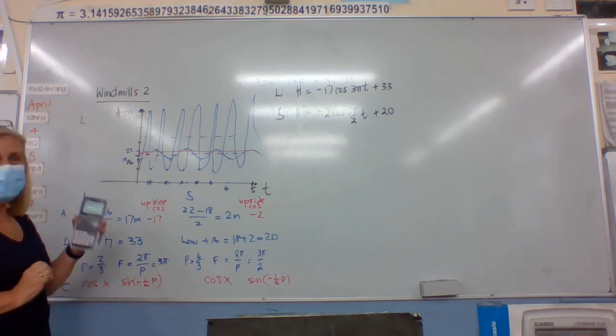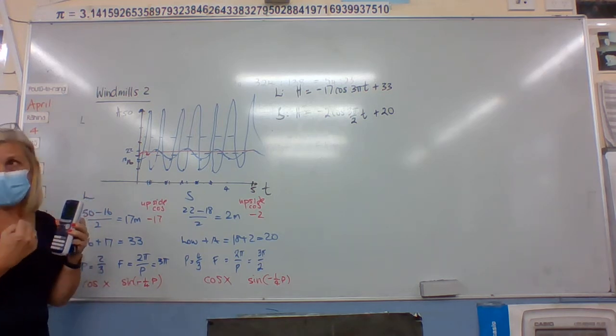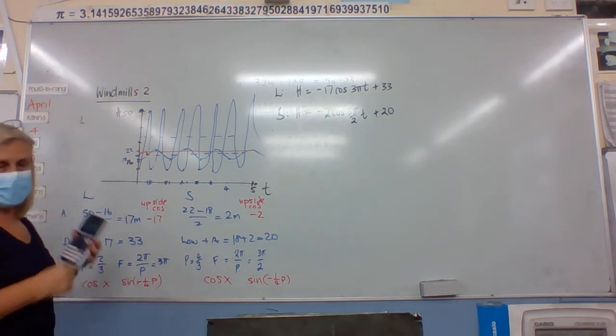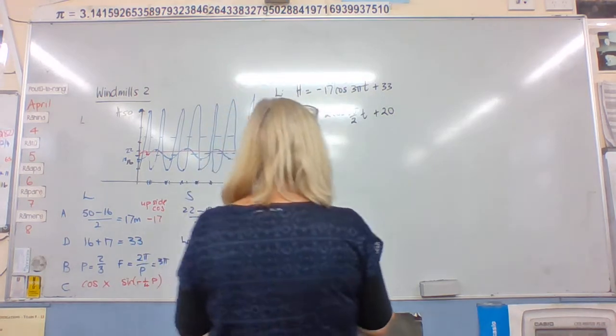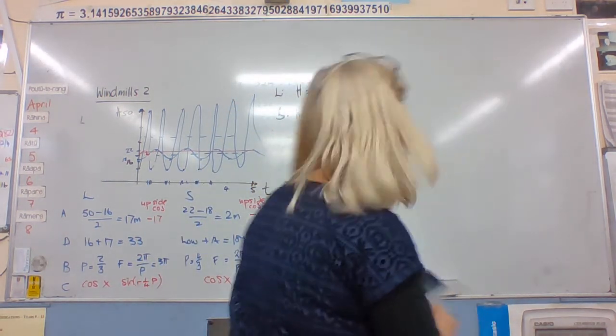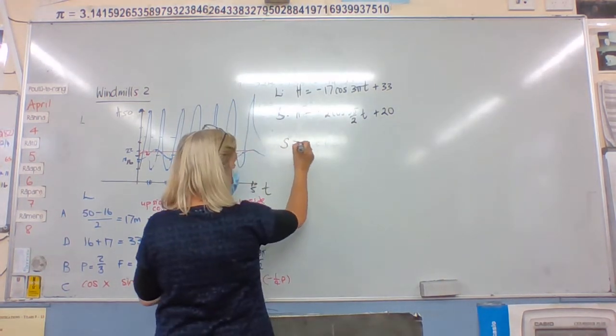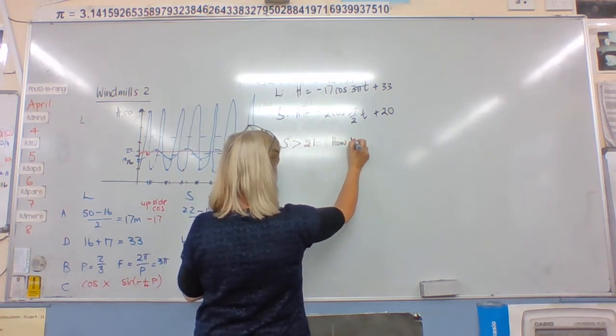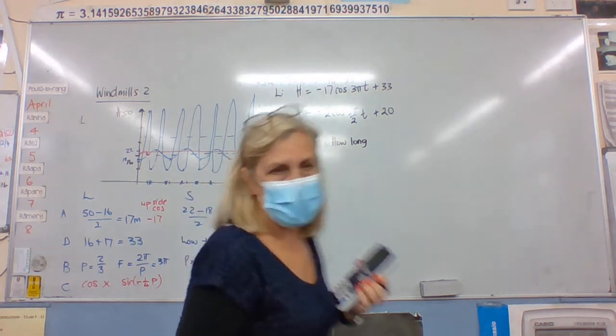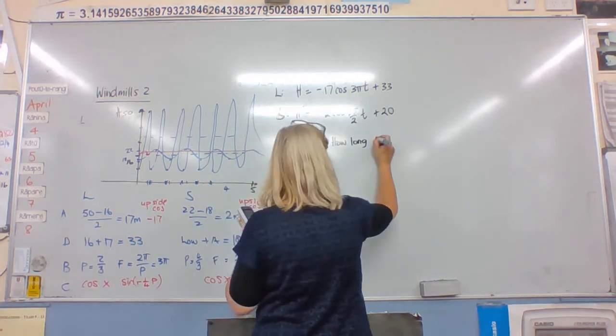And we load in, and we can load everything in here if we want to, but let's just do the first question, which is how long is the sticker above 21 on the small? So small greater than 21. How long? And we can assume that it's in the 5 minutes.